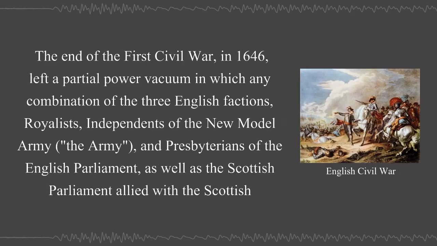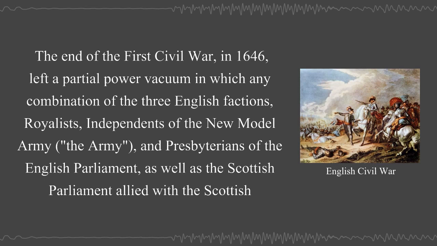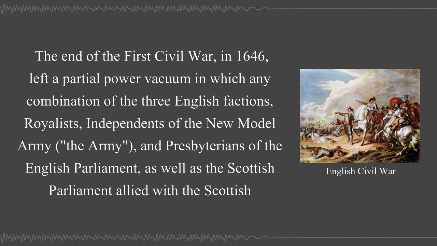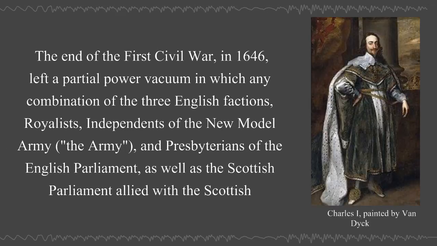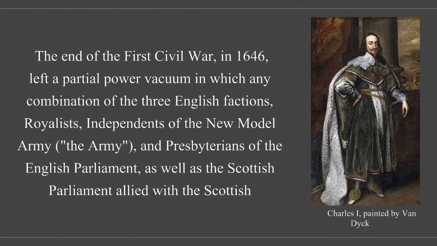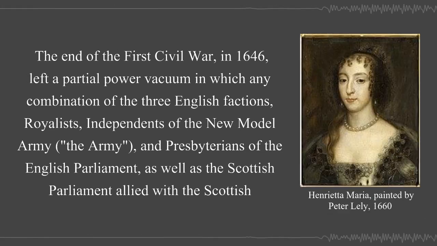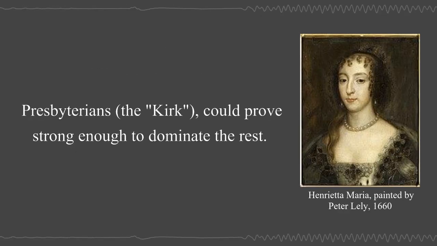The end of the First Civil War, in 1646, left a partial power vacuum in which any combination of the three English factions, Royalists, independents of the New Model Army, and Presbyterians of the English Parliament, as well as the Scottish Parliament, allied with the Scottish Presbyterians, the Kirk, could prove strong enough to dominate the rest.